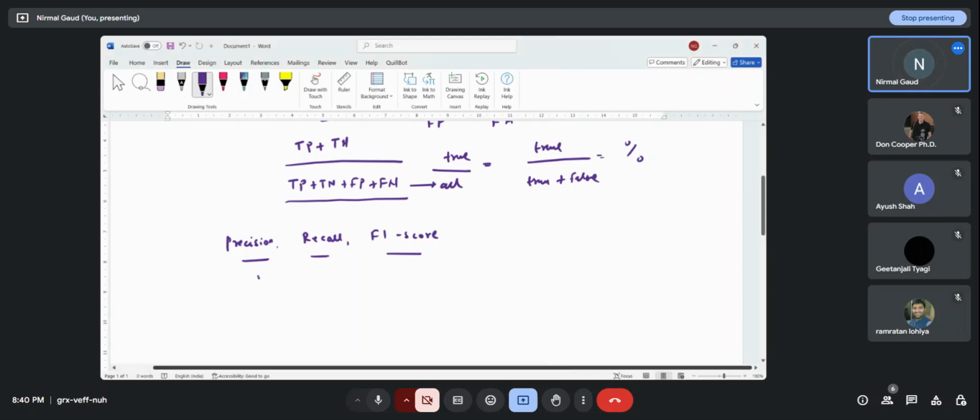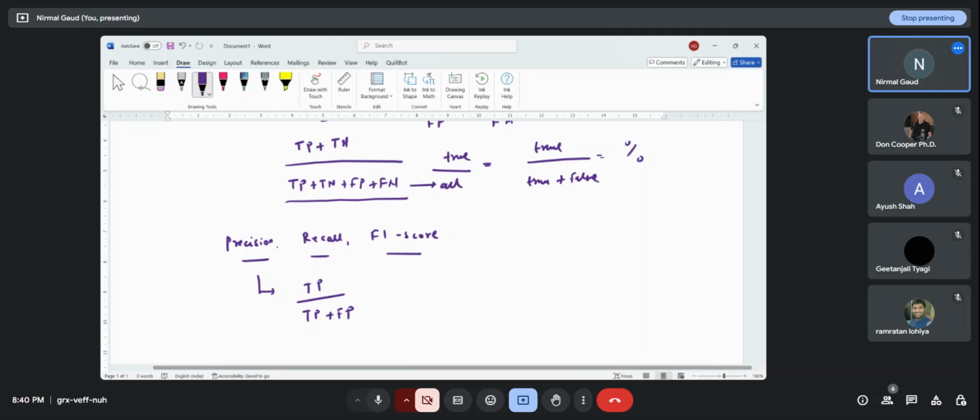That means true positive upon true positive plus false positive. The ratio of these terms is said to be precision, where we are taking only the positive instances. Okay.